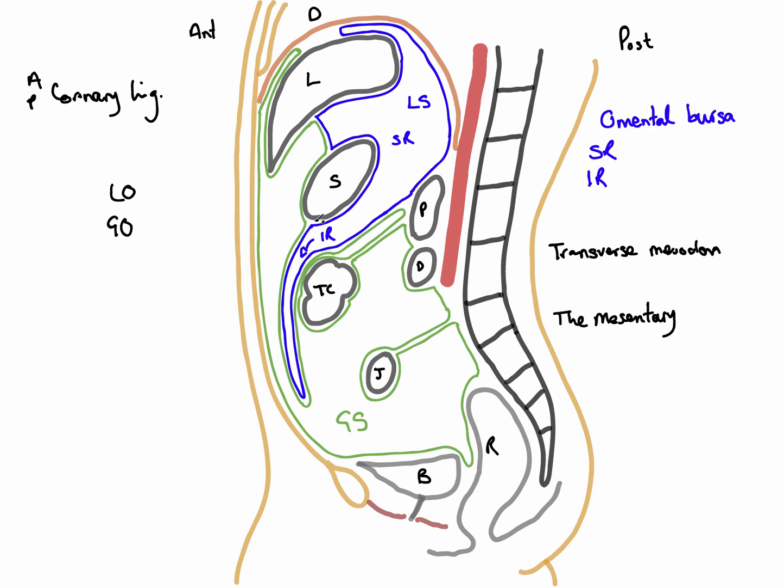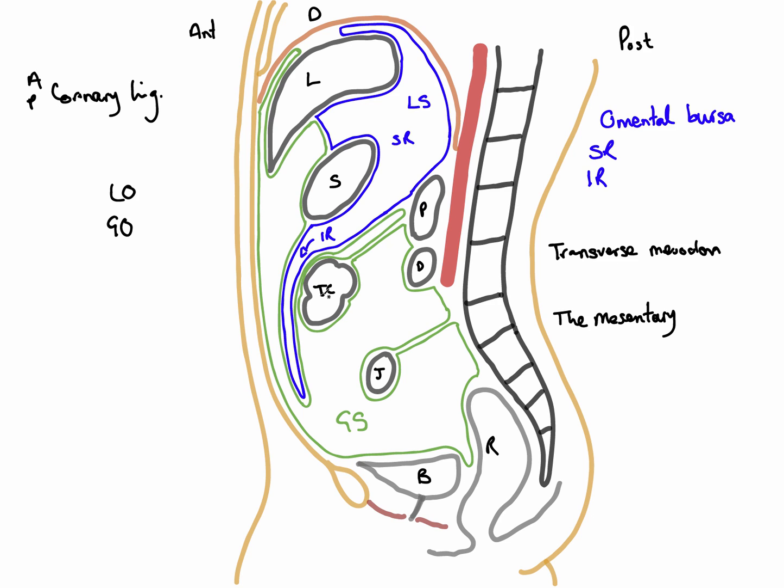The greater omentum is running from the greater curvature of the stomach, and it's then doubled back on itself to run over the transverse colon. Importantly, we can then see that if we were to draw a section across the abdominal cavity in between the stomach and the transverse colon, you can see that there's 1, 2, 3, 4, 5, 6 layers of peritoneum.